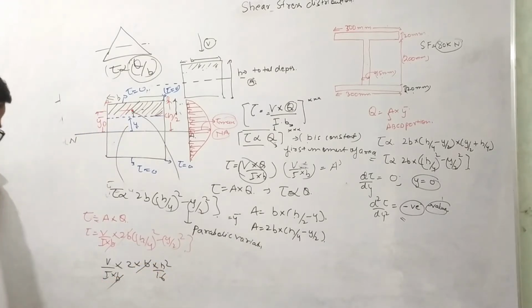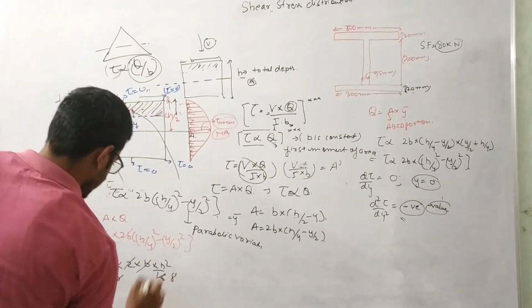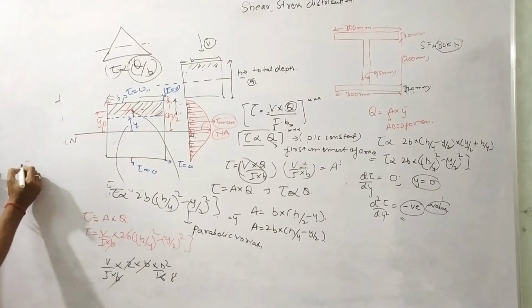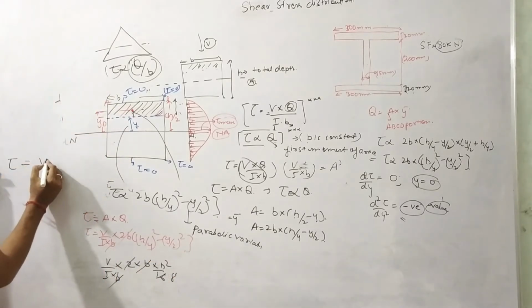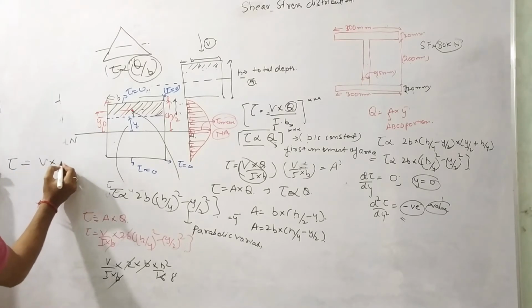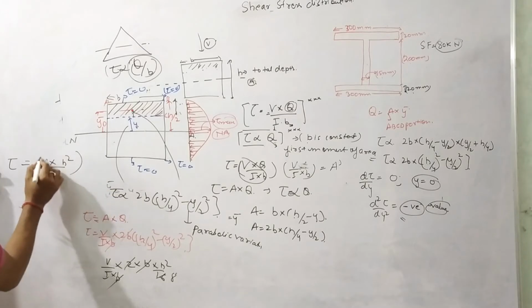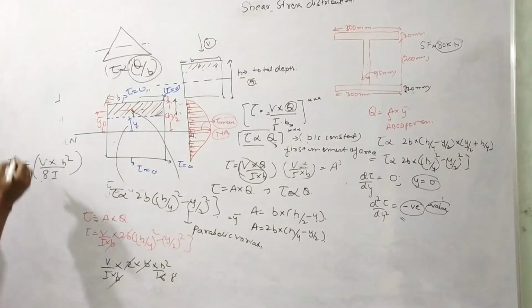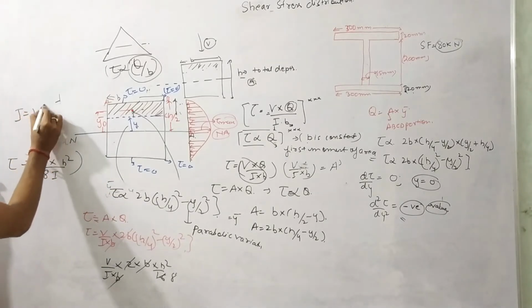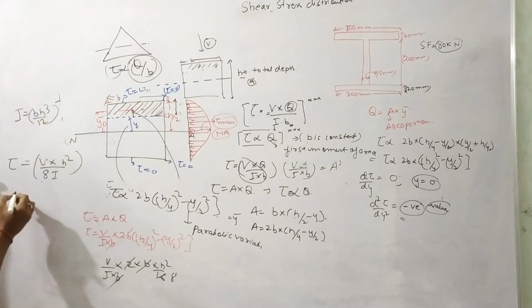B's cancel, 2 by 8. Again we can write tau equals V into h square over 8I, and I is bh cube by 12.